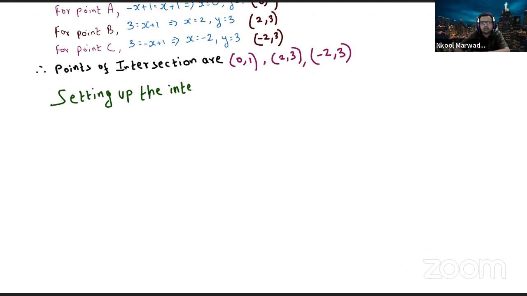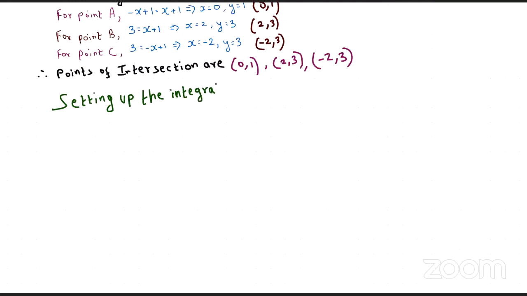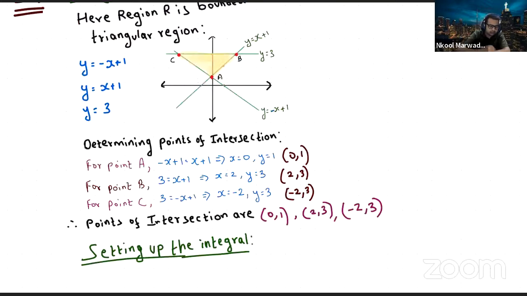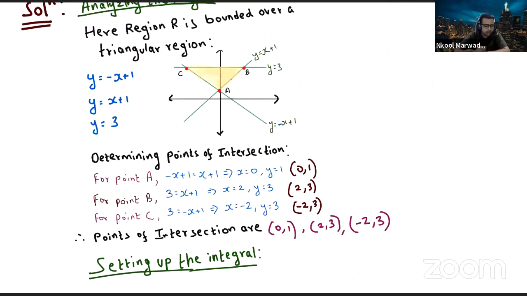Setting up the integral is also a very important step. Now, if we look at this region, we have to determine how we should do this. We should take a dx or a dy.